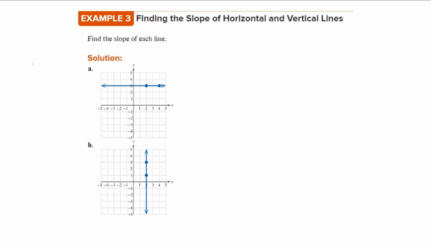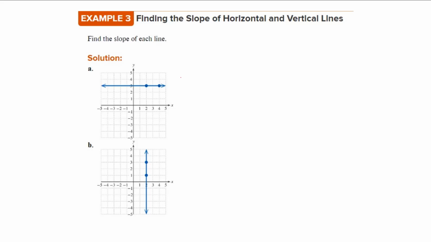Okay. Finding the slope of a horizontal line. If you think about this, you don't really have to use points like the book does. You just have to see that every single point on this line has a y value of 3. It never goes up. It never goes down. It just has the same y coordinate the whole time.